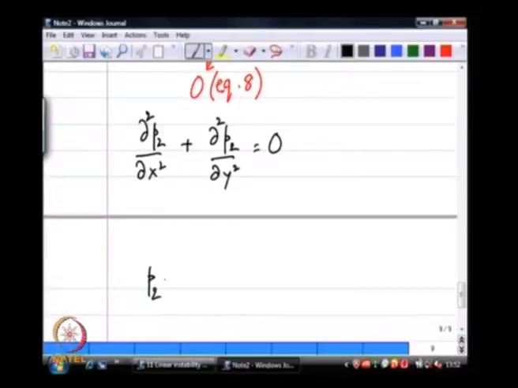And I can solve this by separation of variables. I am not going to do that here, I have already done it once.